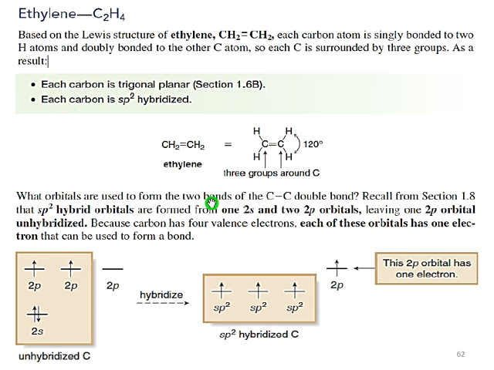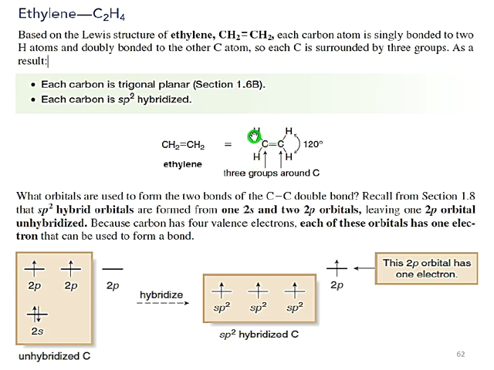And here in ethylene, each carbon is trigonal planar. Trigonal planar means on one plane, that means all these atoms are on one plane.